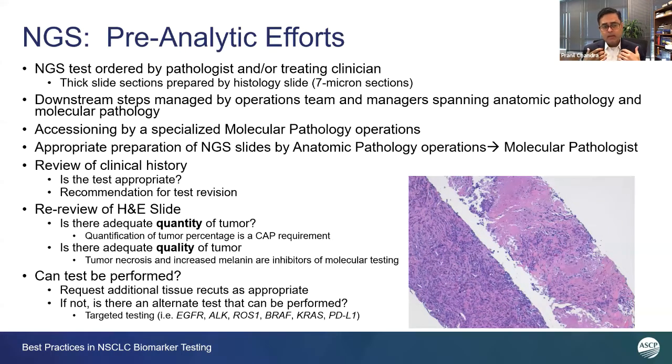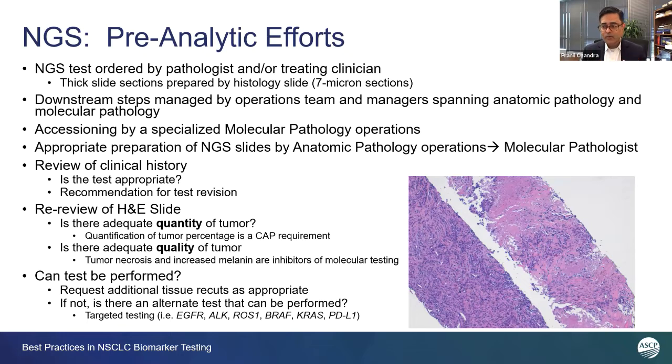So when there's an NGS test that's ordered by a clinician or a pathologist, in our institution, we foster pathology-driven test utilization that is actually shown to lead to improved outcomes and better utilization of testing, as well as improved time to treatment for patients. So that's important for you all to keep in mind.